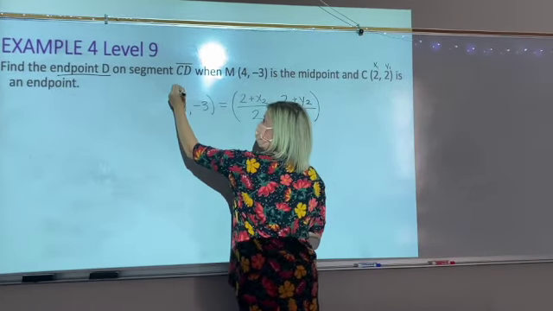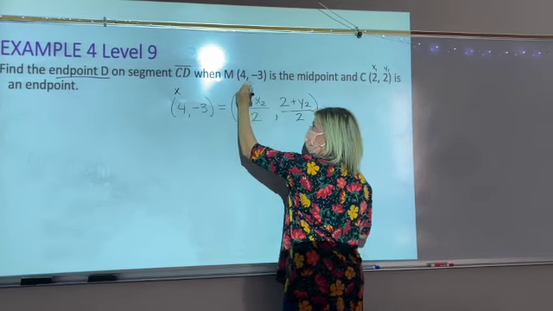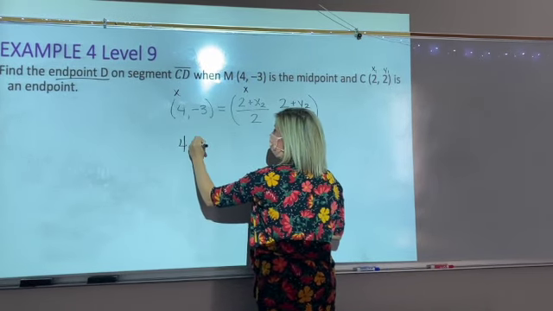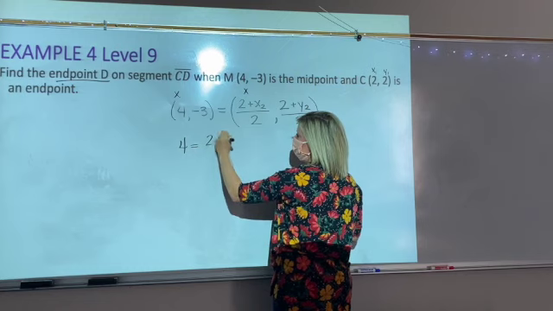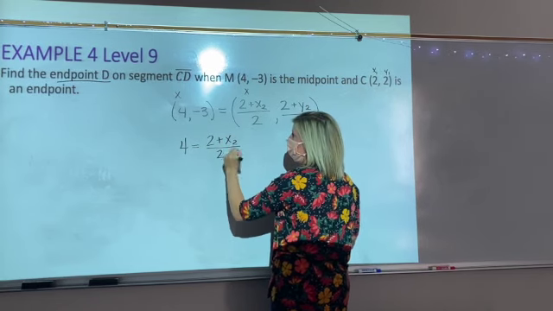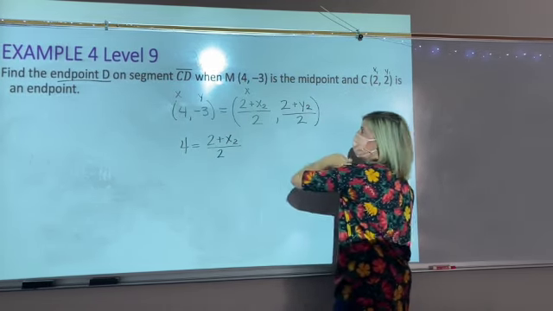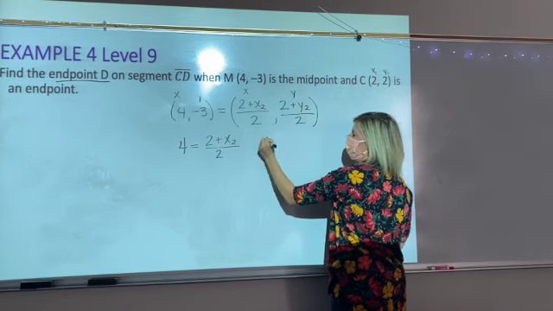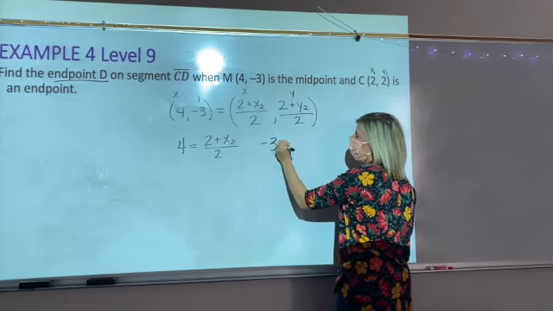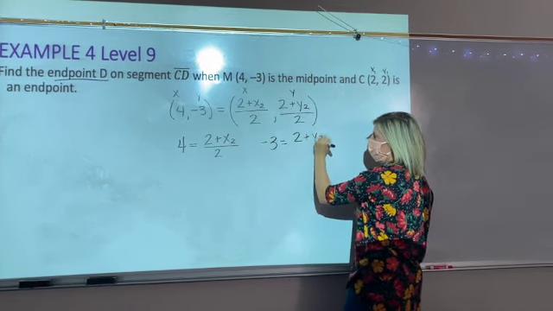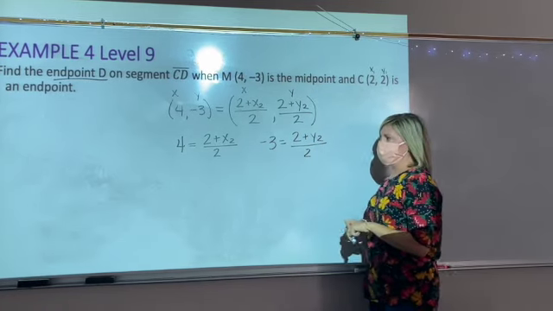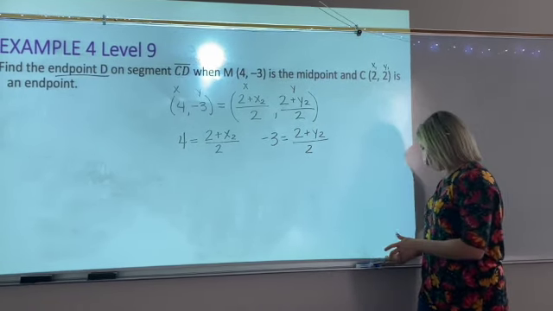So here, this 4 is the x value, so that's going to be paired with the first part of the formula. This -3 is the y value of the midpoint, so I'm going to put that with the y equation and solve two equations.